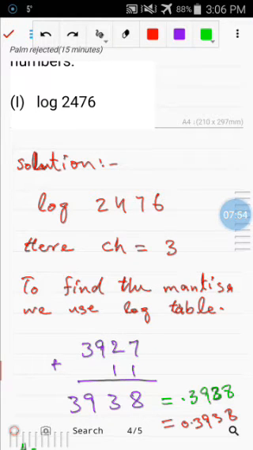So we add 3927 with 11: 7 plus 1 is equal to 8, 2 plus 1 is equal to 3, and 9 and 3.